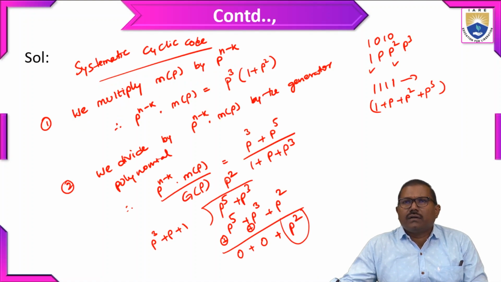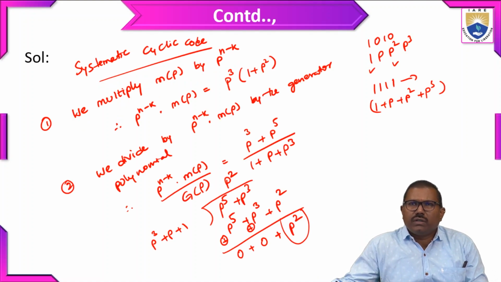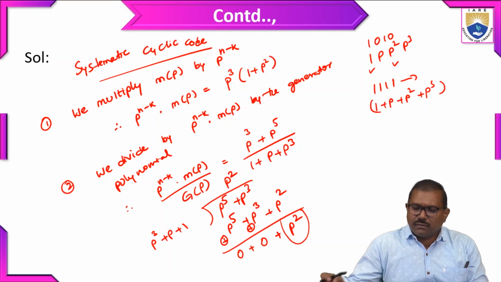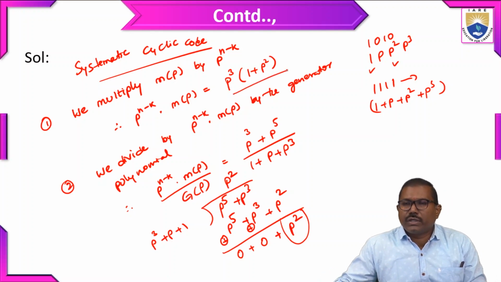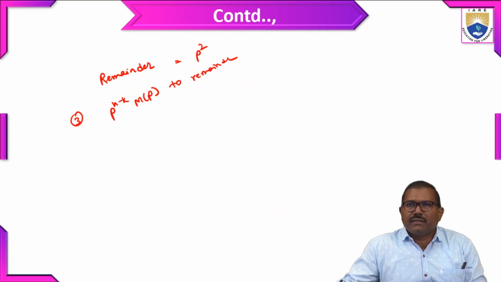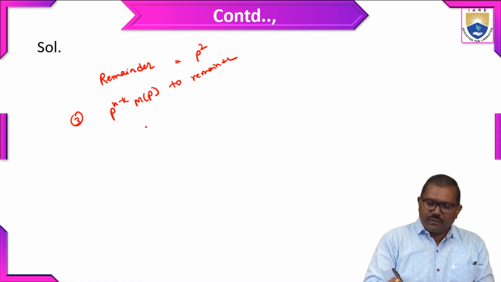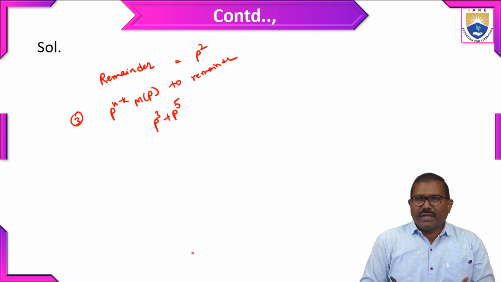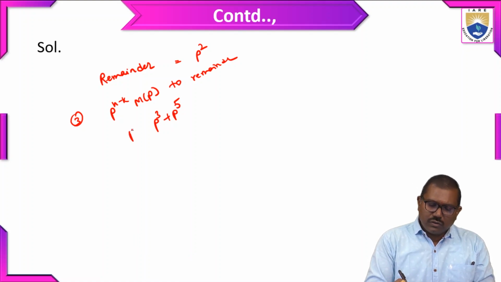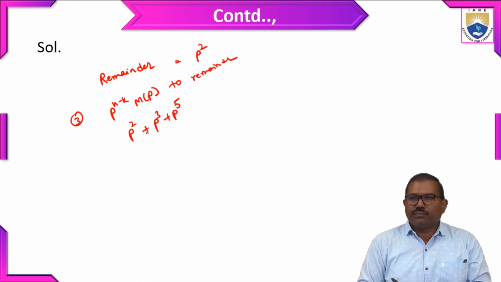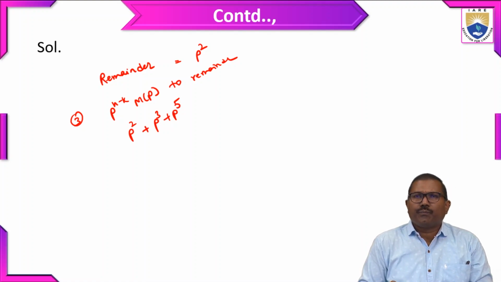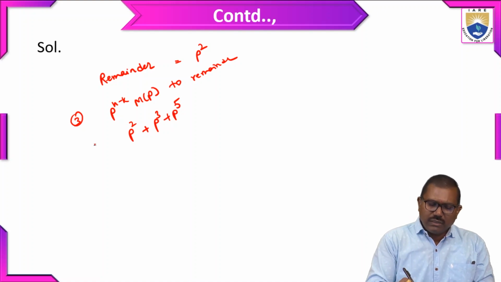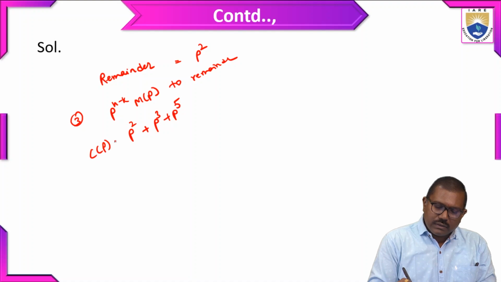So coming to this one, what you got? P cube plus p to the power of 5. But what are you going to add? Remainder. The remainder having the highest term p square. So p square plus p cube, p square plus p cube we got. So this is my code polynomial C of p.